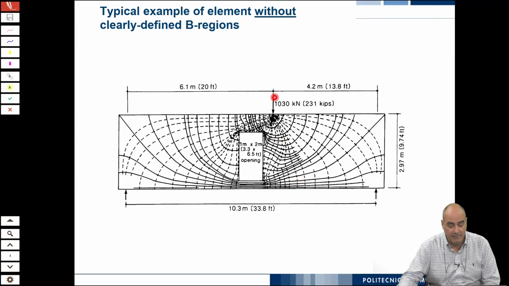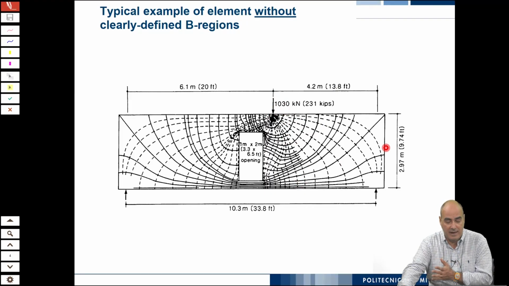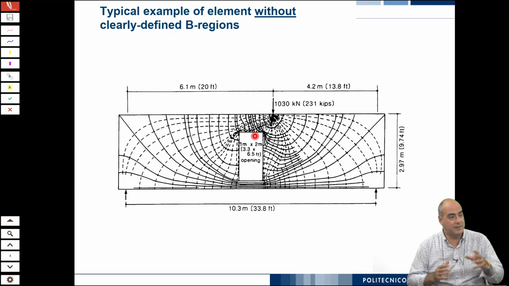You see, we have here a point load. If you look at the span on the right side, the span is about 4 meters. The ratio between the span and the depth on this side is about 1.5, and the ratio on this other side is about 2. Also, you have an opening here, which further complicates things.